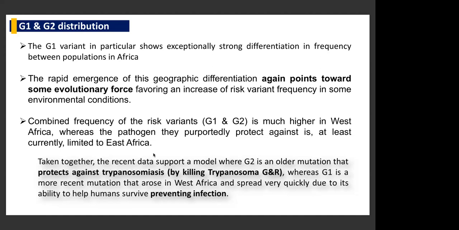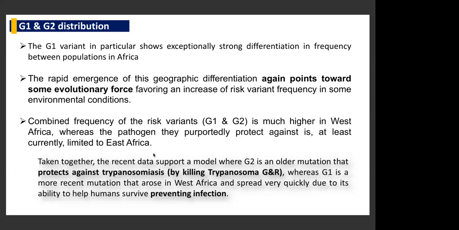So what the data from Africa is showing is that the pathogen is more predominant in the East Africa region, while this genotype is more prevalent in West Africa. They were saying that these two mutations, G1 and G2, help in killing the pathogen, but the G1 mutation protects human beings from getting infected.